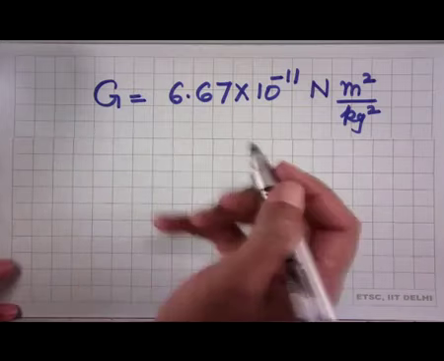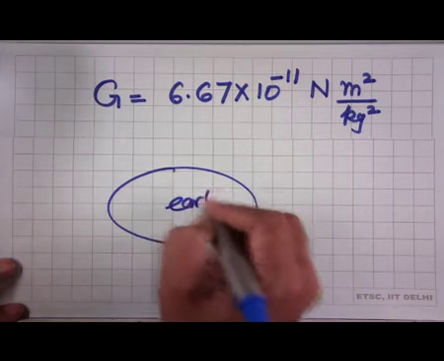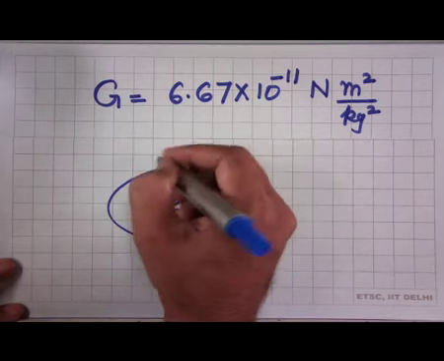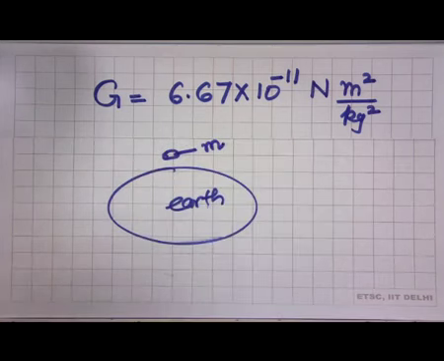When we look at the earth, and let us say there is a mass m which is either on the surface of the earth or very close to the surface of the earth.